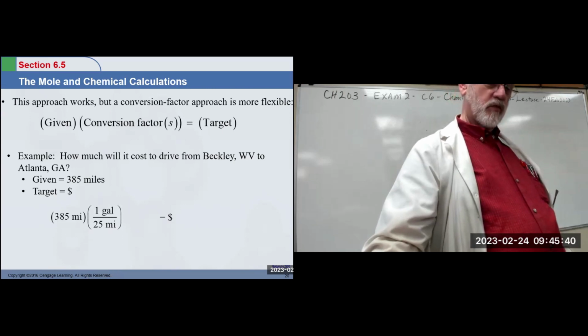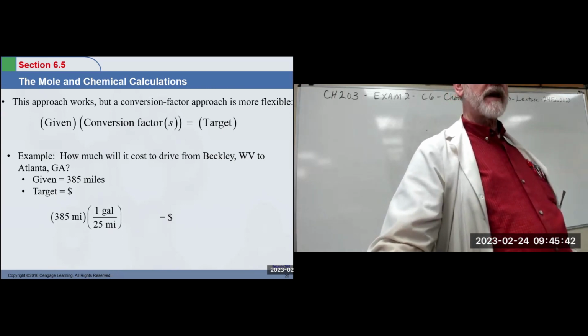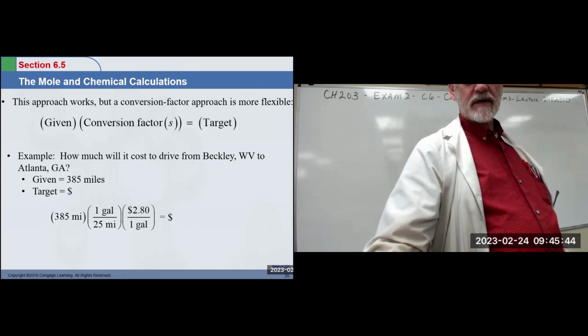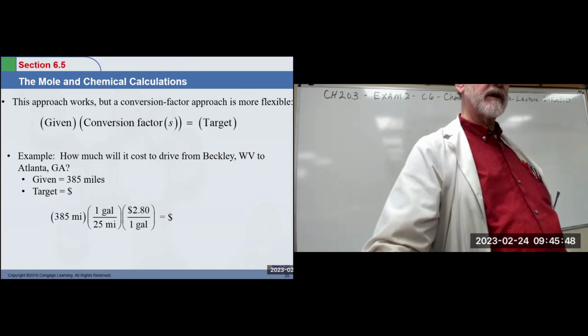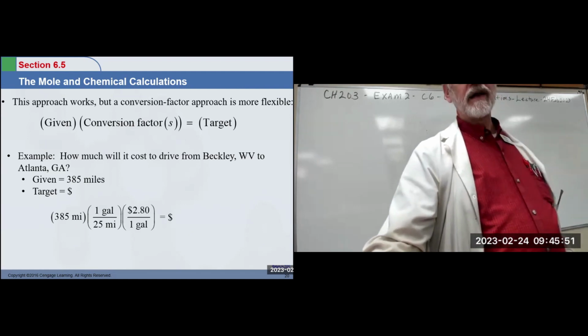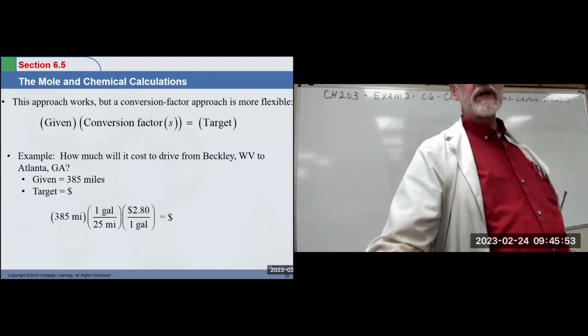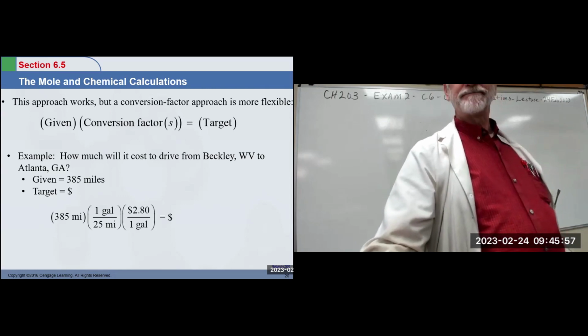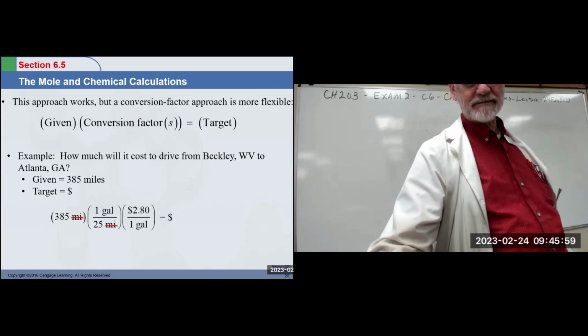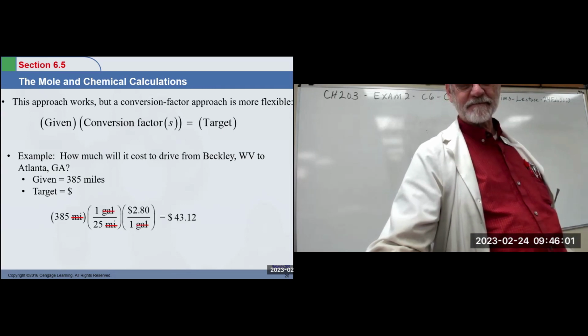And what's your mileage on your car? That's how much gas you need. And then what does gas cost? And that'll tell you how much money you need to get down there. And then you double it to get back. And then you maybe pad it with 10 or 15%, maybe 20% in Atlanta to get around. Okay.